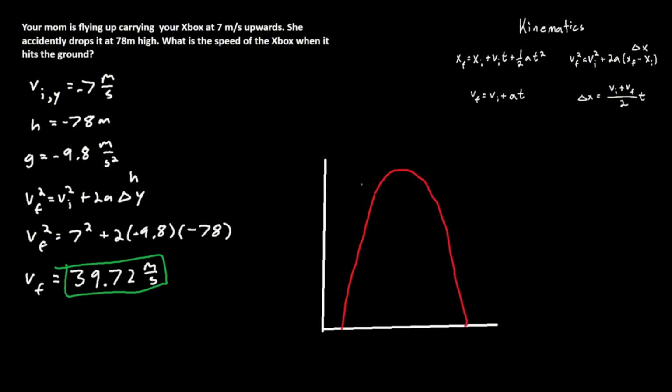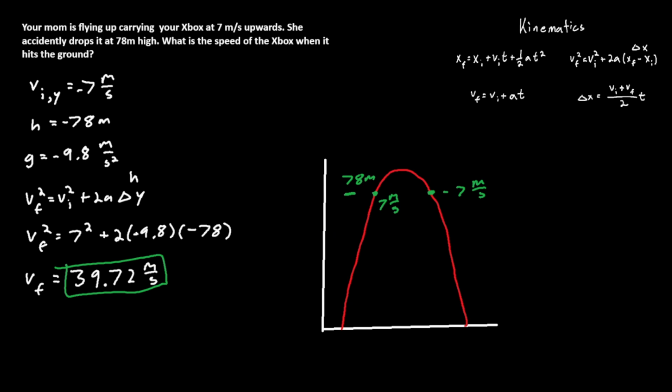But at the same height here, at 78 meters, she drops it at the same time. These 2 points on both sides of the parabola will have the exact same speed, vertical speed more specifically. So this is going to be traveling 7 meters per second up, and this is going to be traveling negative 7 meters per second down.